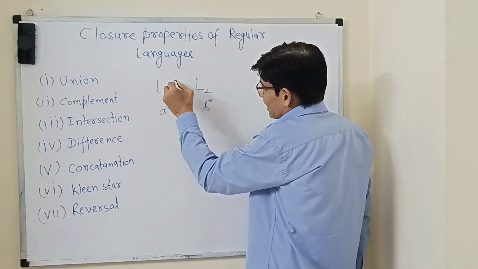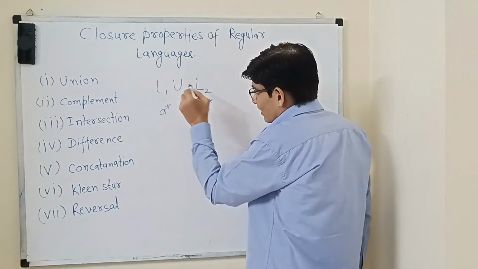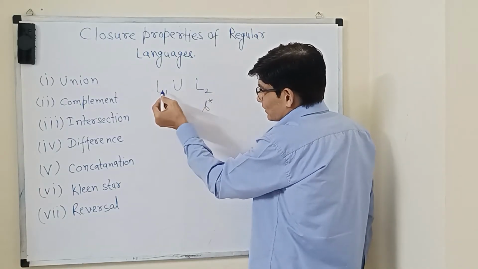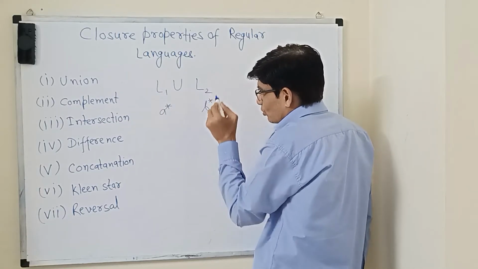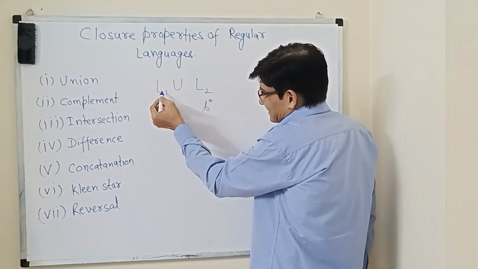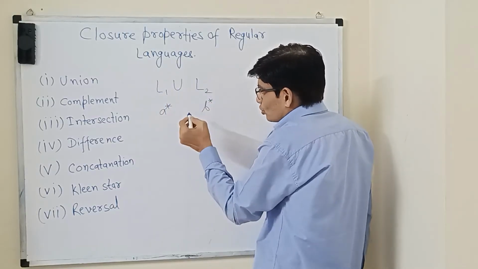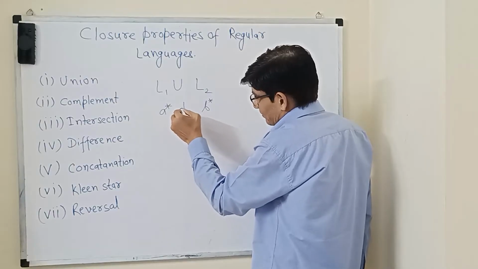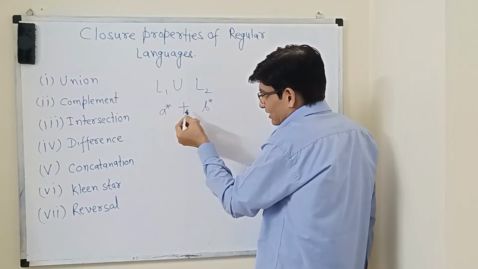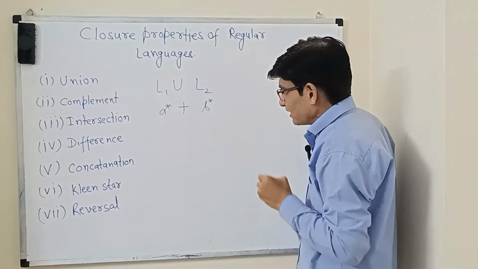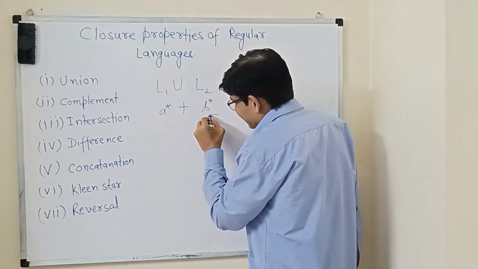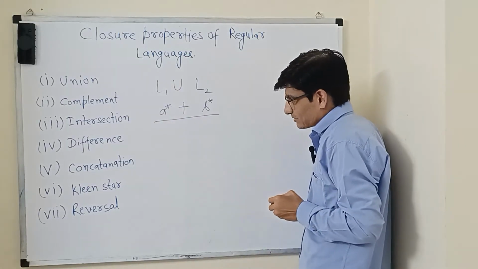So L1 union L2 will represent the choice between L1 and L2, or you can say L1 or L2. We can represent the choice between these two with the help of the plus operator, and you can see, my friend, this again becomes one regular expression.